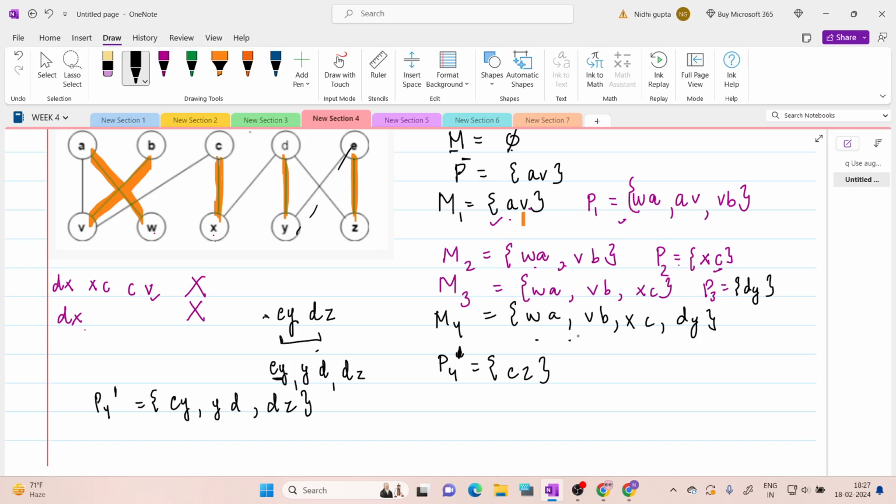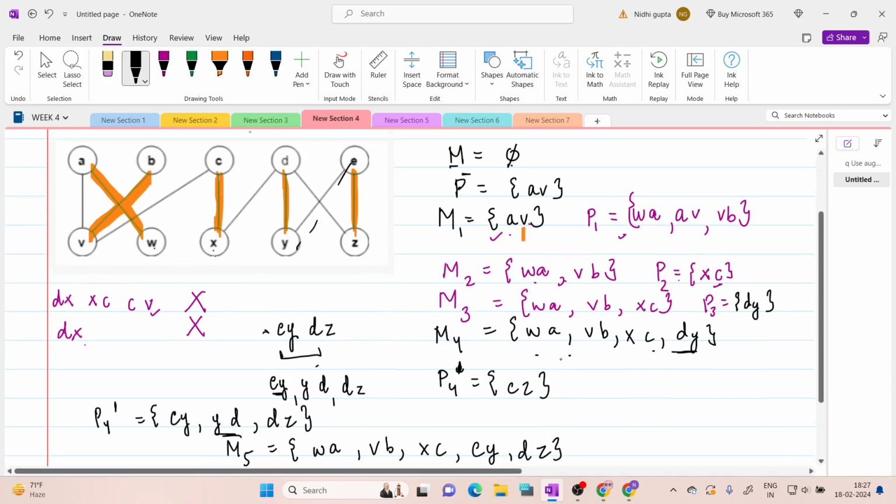So now if we take the symmetric difference of this, then what will we get? M5 as, so DY is a common edge here. So the symmetric difference will be WA, VB, XC, EY, and DZ.